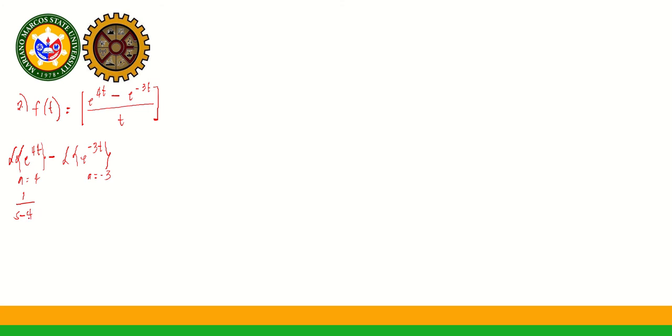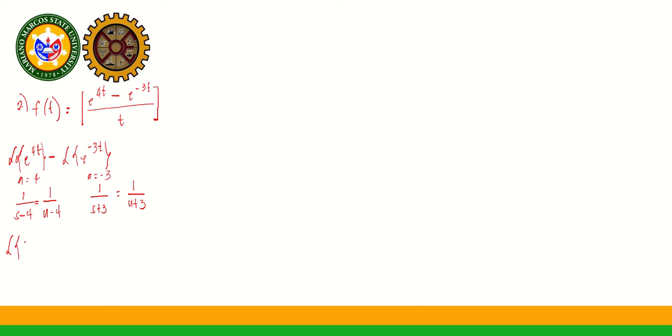Tama? S minus 4, yes. And this is 1 over s plus 3 since negative 3 yung ating a. And if we transform this into variable u, this will be equal to 1 over u minus 4. Tapos ito naman is 1 over u plus 3. Okay? So from there, pwede na tayong mag-integrate.